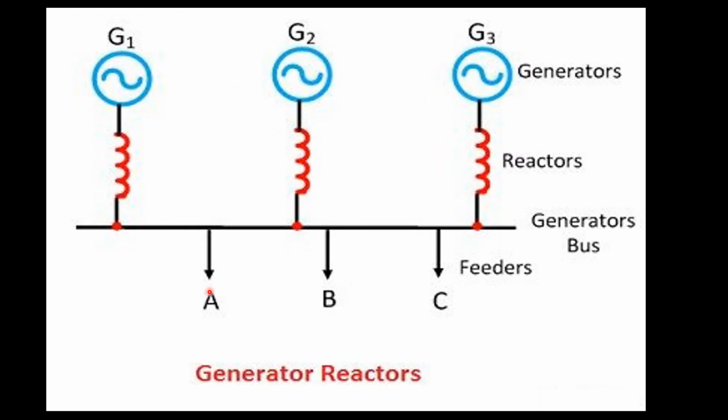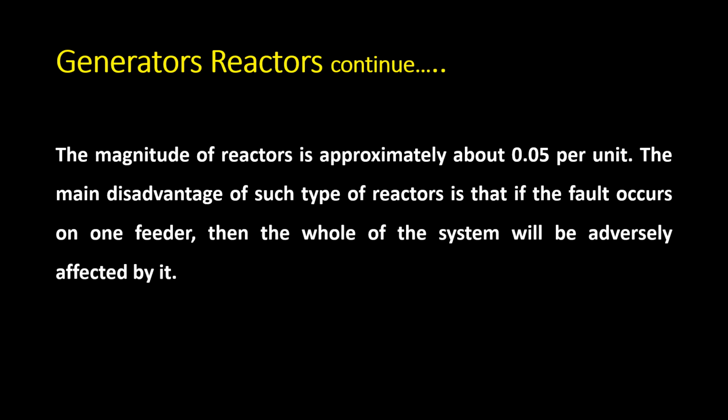This is the enlarged diagram. Just go through it. You will clearly understand that generator reactor is always in series with generator, or it is going to protect the generator side. But if any fault occurs on this feeder side or on bus bar, then what will happen?